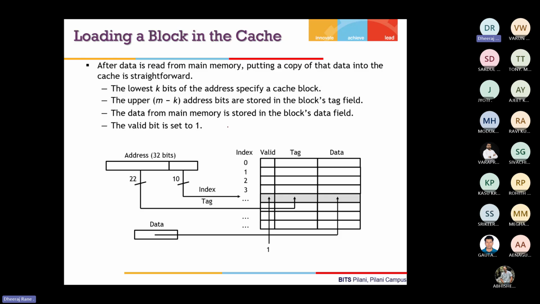Loading a block in the cache, this we have already seen. The least significant bits correspond to the number of bits required to address the cache.